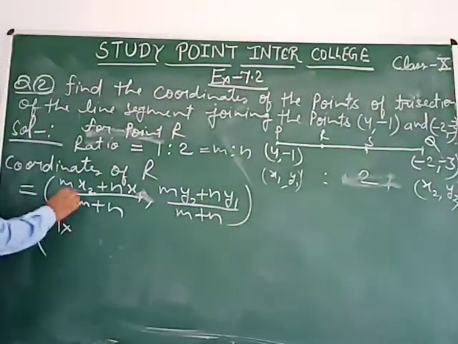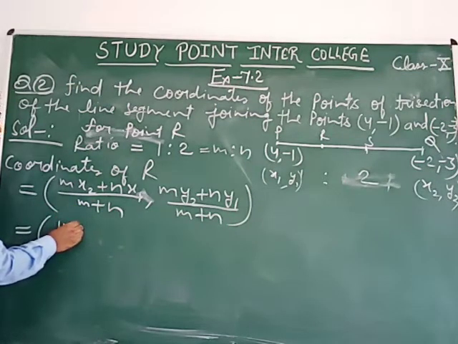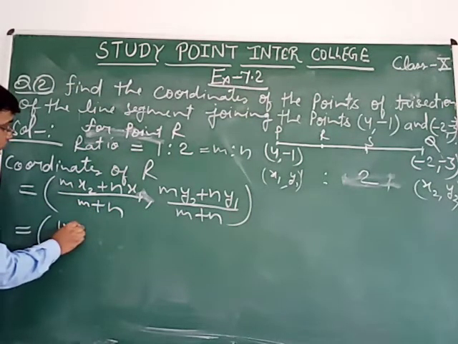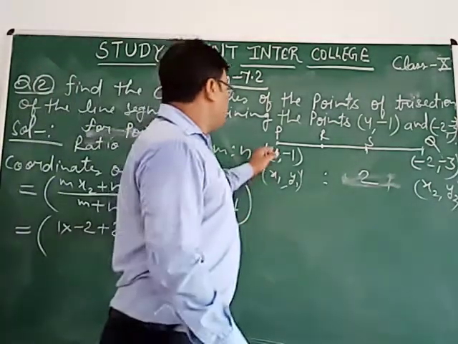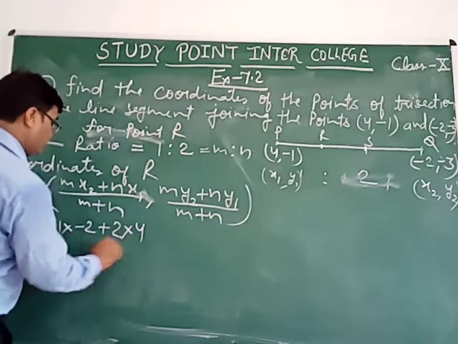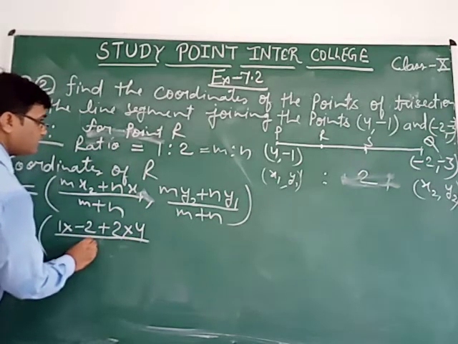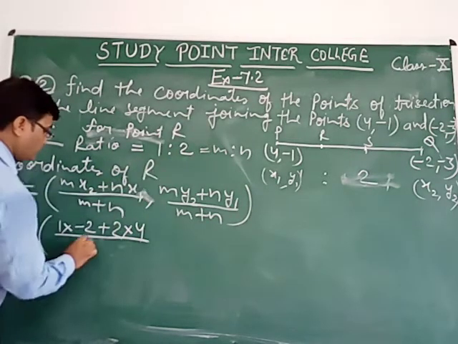So 1 into x2, which is minus 2, plus 2 into x1, which is 4, upon 1 plus 2.